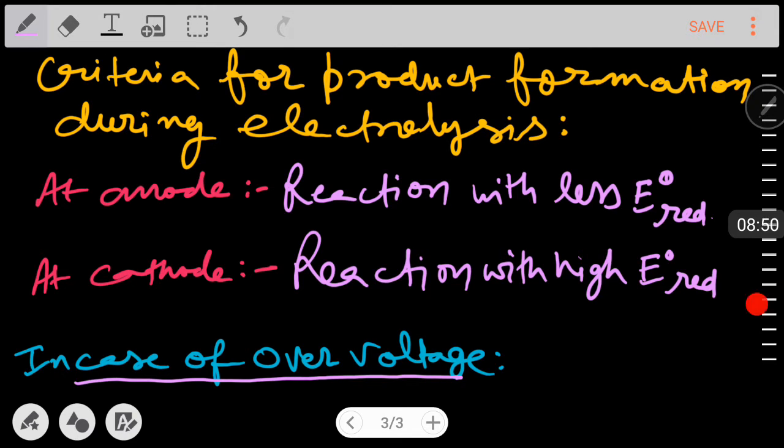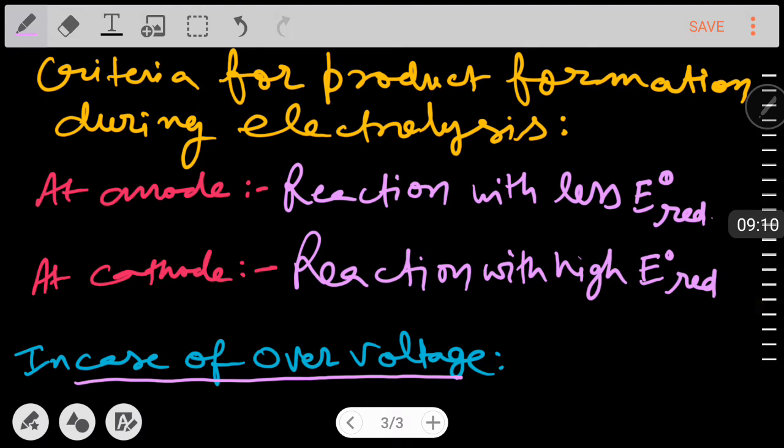So a reaction, if it is in first preference to take place at an electrode, but is kinetically very slow and requires extra potential, meaning overvoltage, to occur, then it will not take place. In place of that, the second reaction in the preference will occur at that electrode.